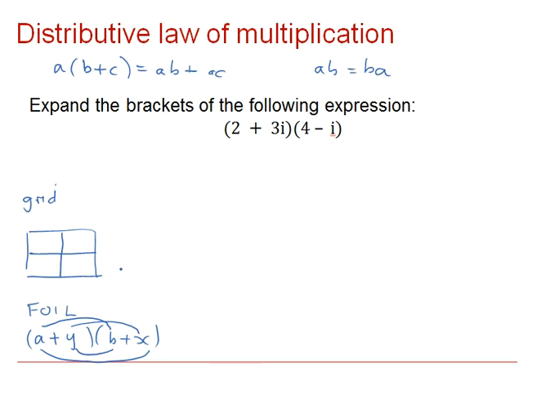So either of those two methods can be used for multiplying two complex numbers. Of course, you also need to remember that if the square root of minus 1 equals i, then i squared will equal minus 1.